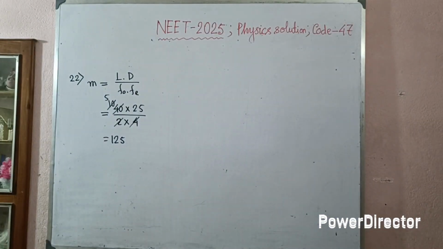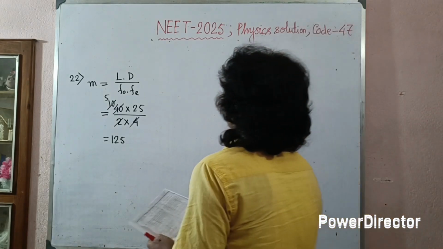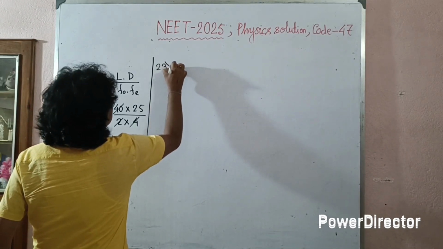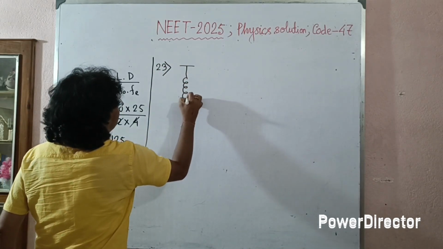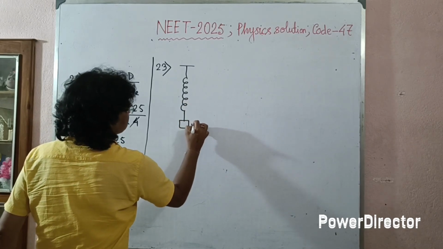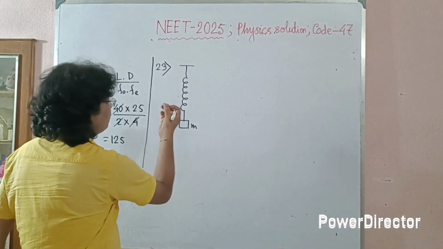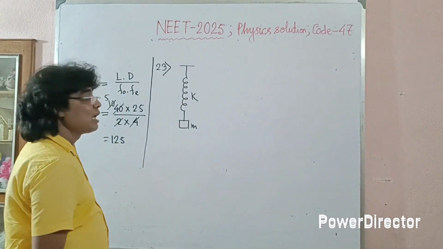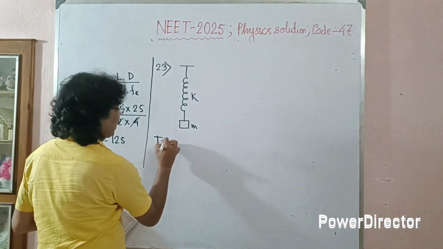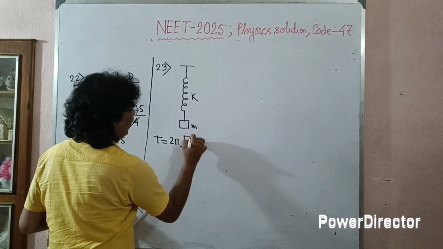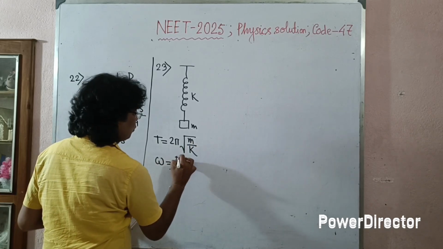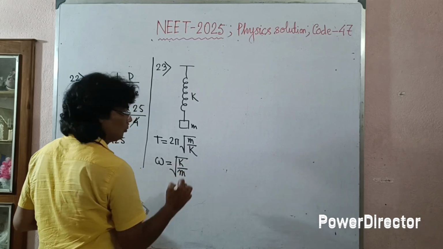So look, we know if a particle of mass m is hanging from a spring whose spring constant is k, then time period capital T equal to 2 pi root over m by k, where omega equal to root over k by m.